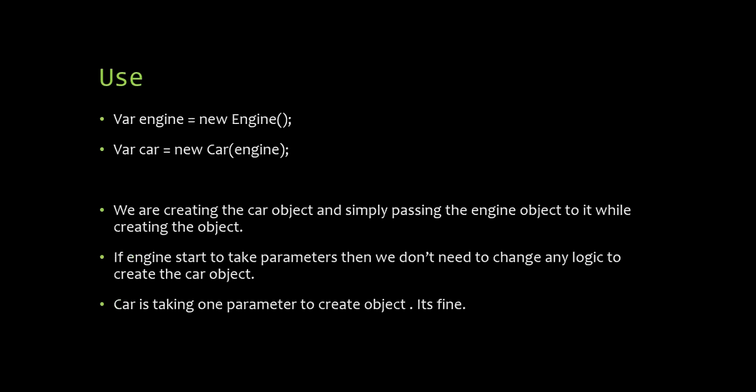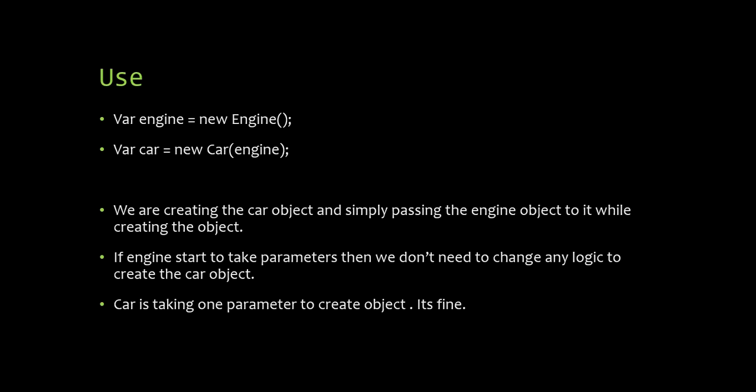Now suppose we create the new engine object and then create the car object by passing the engine as a parameter. If the engine starts to take a parameter, we don't need to change any logic to create the car object. This is the benefit.